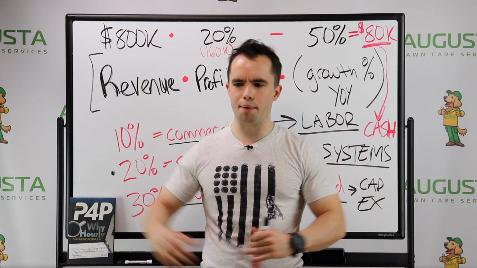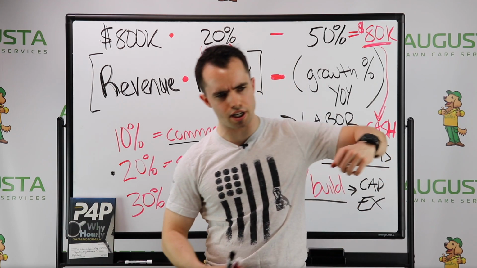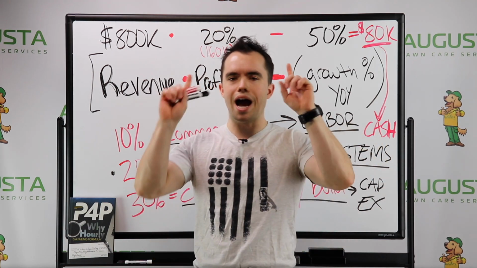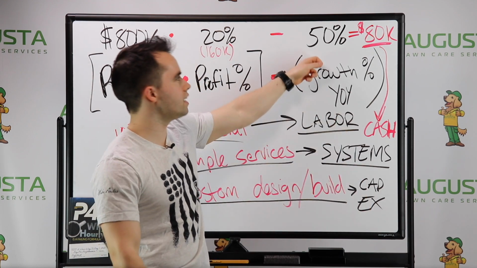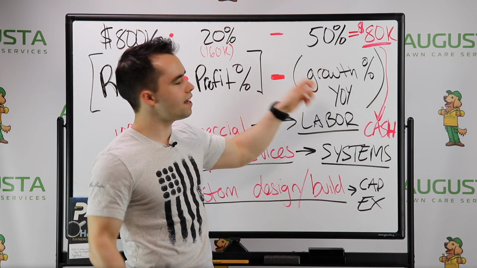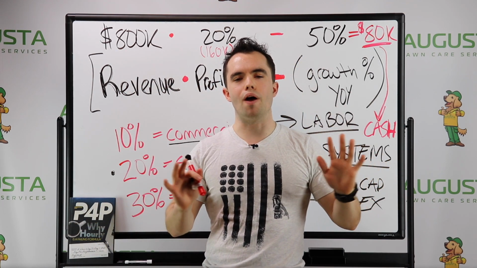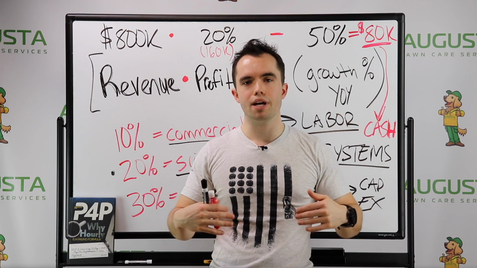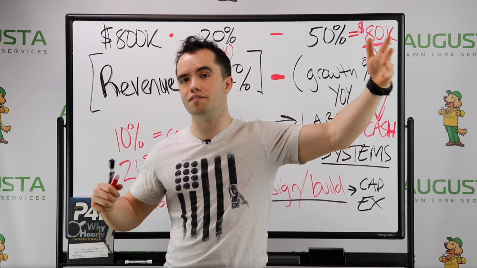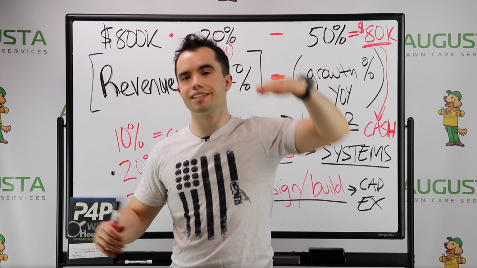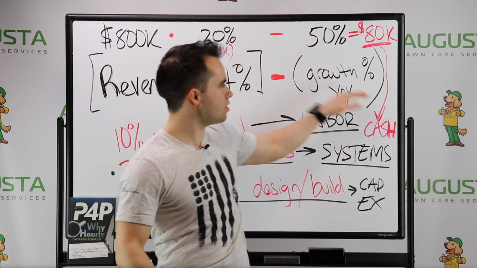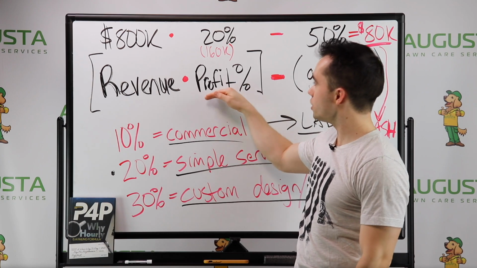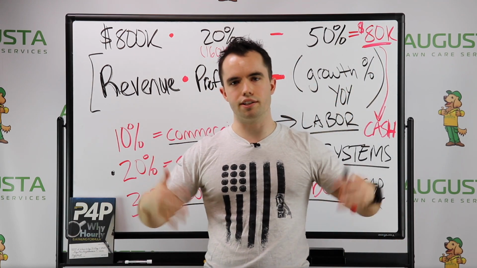And so when someone says, I'm making X amount of dollars in profit and I only run X amount in revenue, what you have to step back and ask is, what is their growth percentage? This is the thing that really moves the needle on whether you're going to actually be able to take that money home. If a business has been around for 10, 15, 20 years and is relatively stable in terms of revenue, they don't have a lot of growth, so they're probably going to be really, really profitable because they're not trying to grow their business.